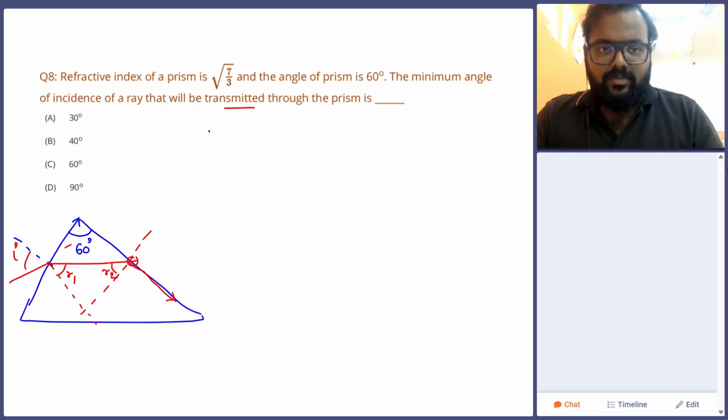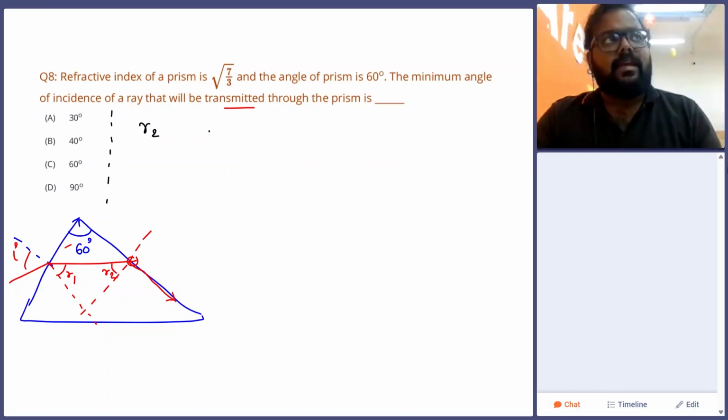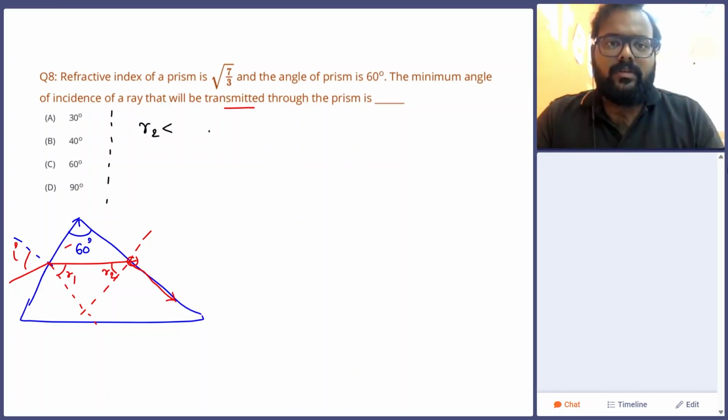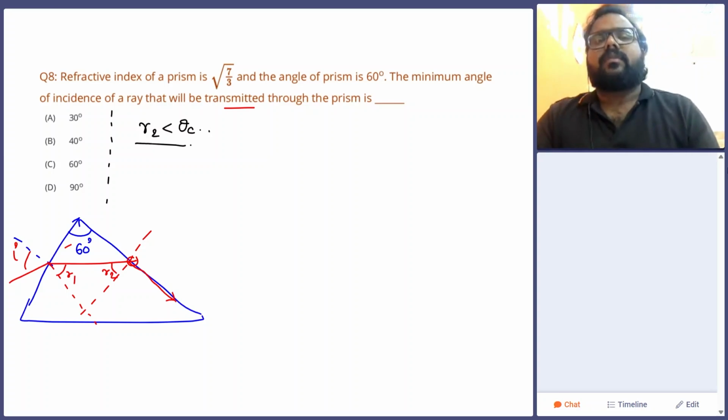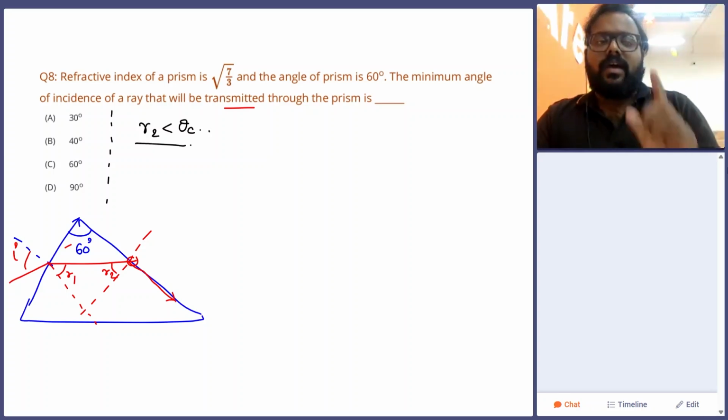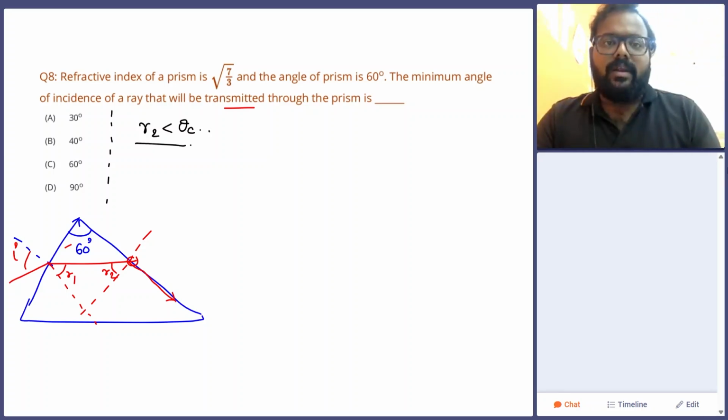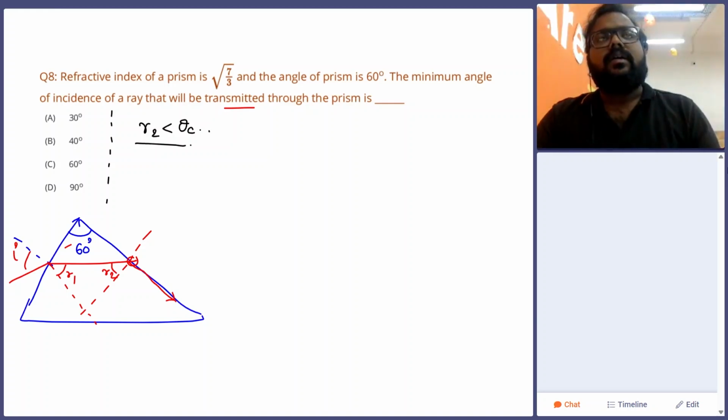See, this R2 must be less than critical angle. Okay, this is one case. Now, if R2 should be less than critical angle, how will you arrive at R1?